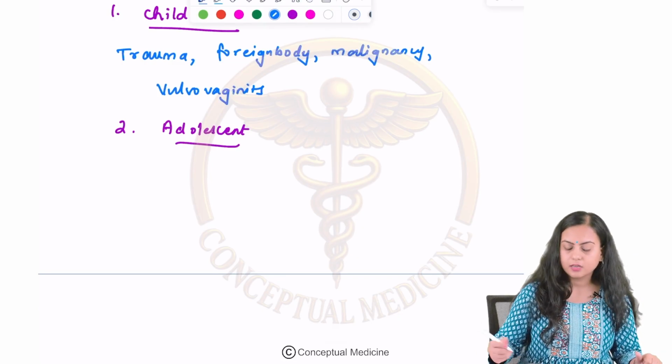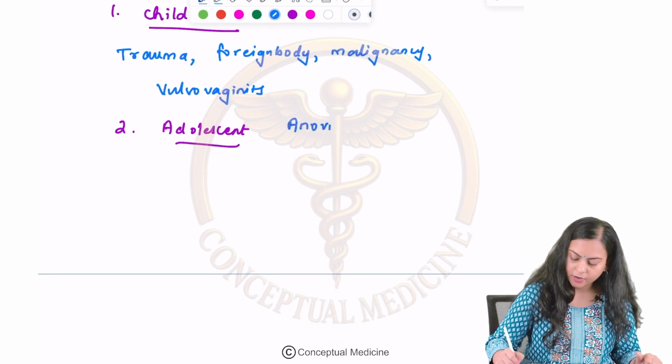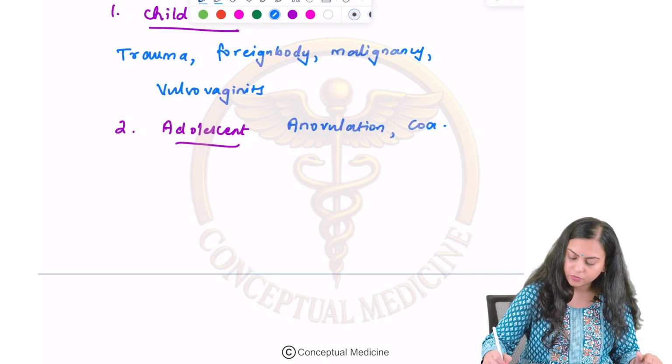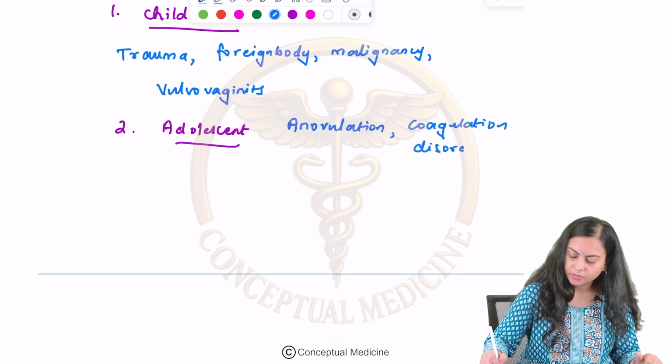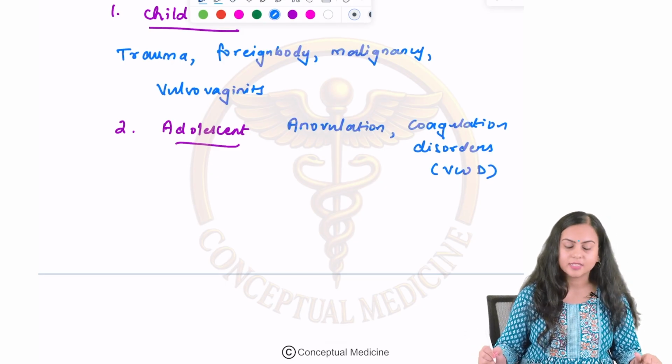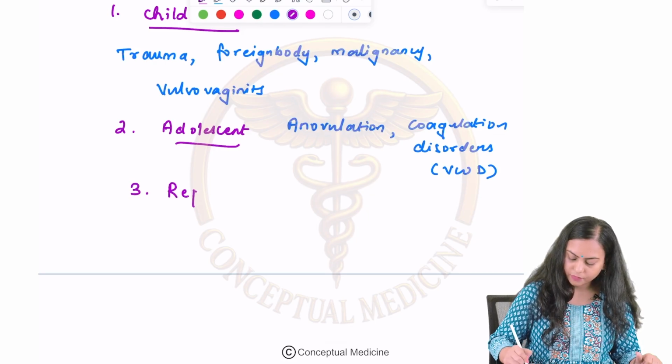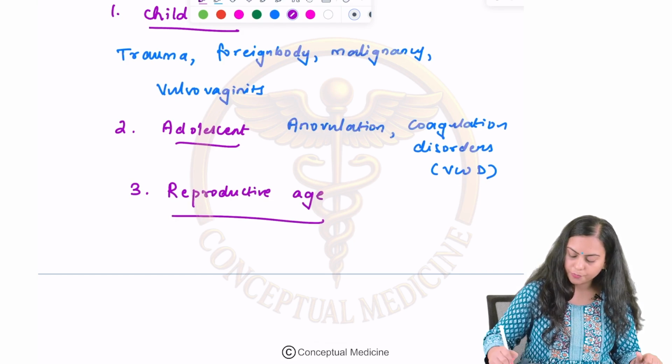Okay. Second one is, in adolescent age group, there can be chances of anovulation or coagulation disorders. Okay. Coagulation disorders, especially von Willebrand disease, right? And the next one is reproductive age group.